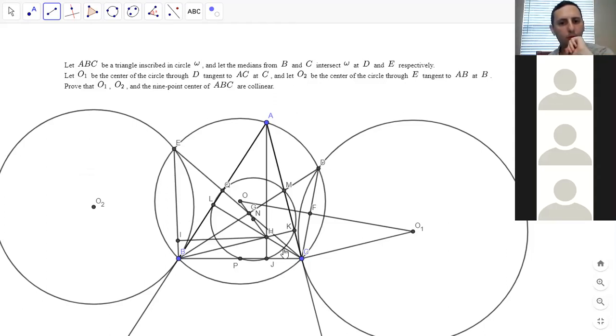Okay, so we want to show O20O1H is a parallelogram. Okay, I just thought of one other thing.